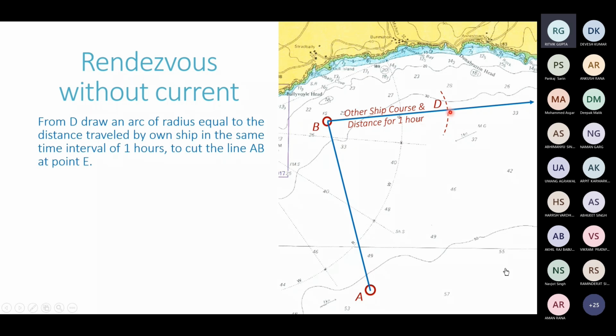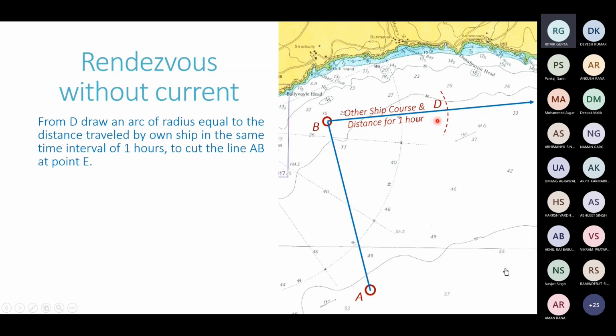Now from point D, we have to draw another arc. The radius of this arc, which we are going to draw now, is equal to the distance traveled by own ship in the same time interval of 1 hour. We have drawn the vector of other ship for 1 hour duration.